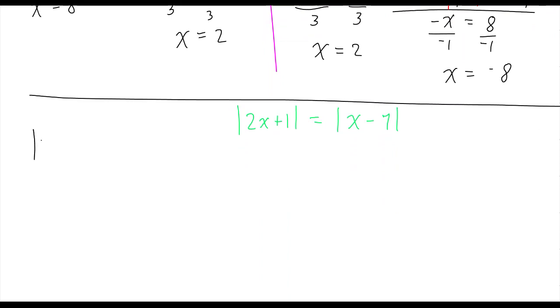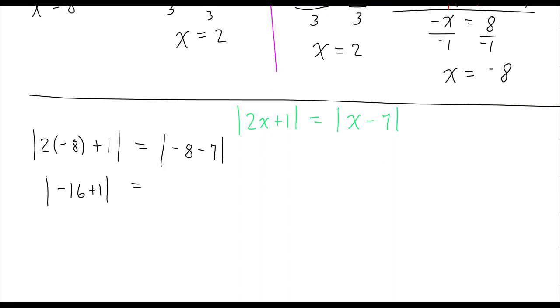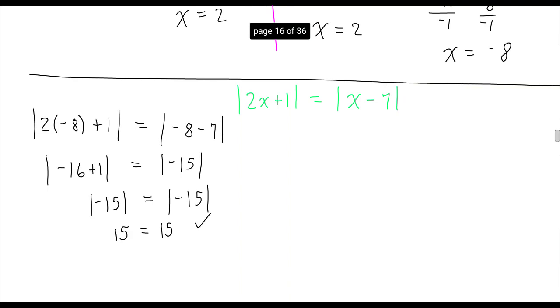So absolute value of 2 times negative 8 plus 1 equals the absolute value of negative 8 minus 7. 2 times negative 8 is negative 16. Negative 8 minus 7 is negative 15. Negative 16 plus 1 is negative 15. Those look to be the same, but let's finish working it out. Negative 15, absolute value of that is positive 15. Same thing on the right, check. Negative 8 is a solution.